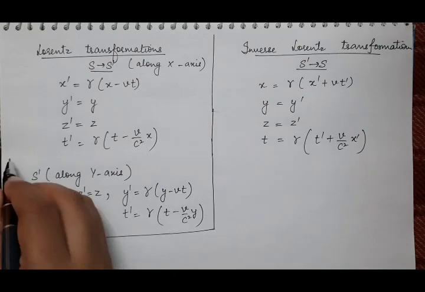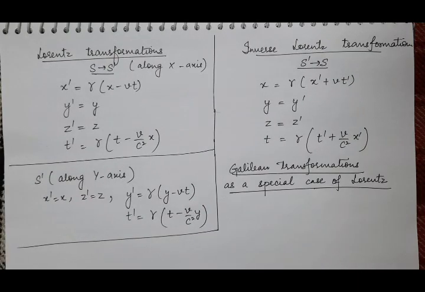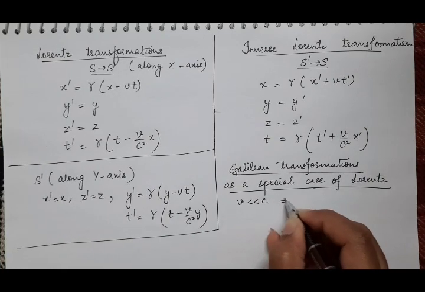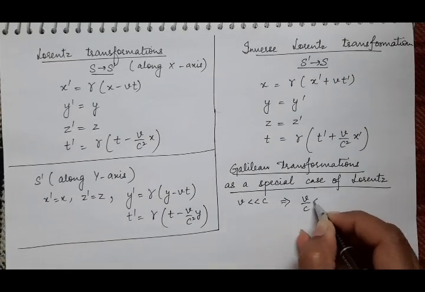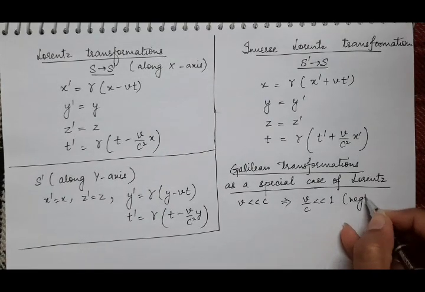Then how are Galilean transformations a special case of these Lorentz transformations? So we know that in case of Galilean transformations, v is very small as compared to c. This implies v by c will be very small as compared to 1, so that it can be neglected.